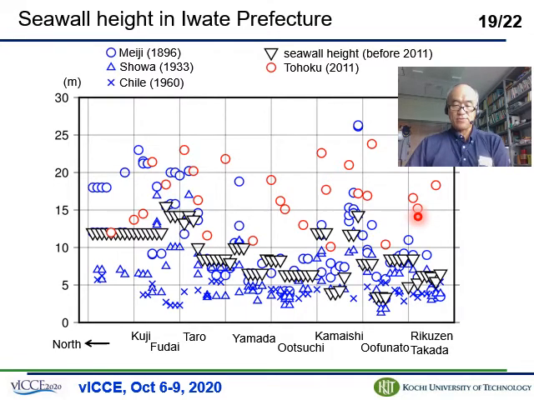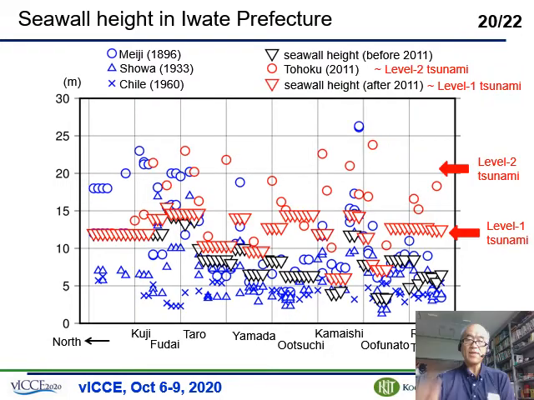And going back to the seawall height in Iwate Prefecture, the level 1 tsunami was determined on the basis of all tsunami height data, including the 2011 Tohoku tsunami, together with numerical simulation. They are represented by red triangles, which are between 10 and 15 meters, and some are even smaller.